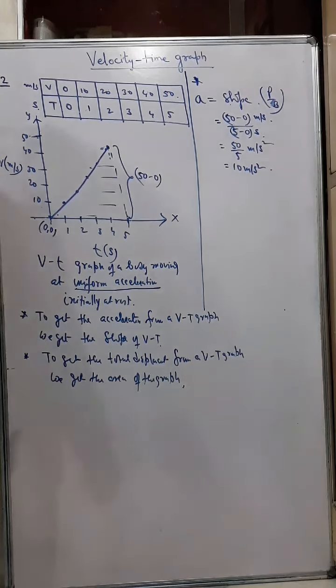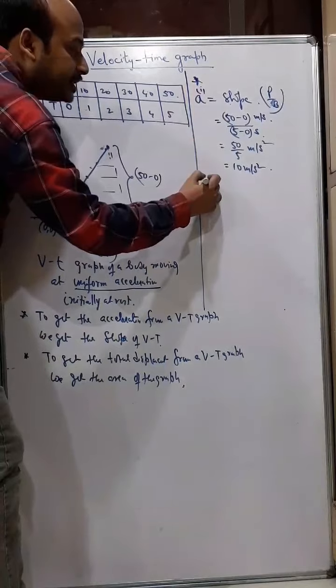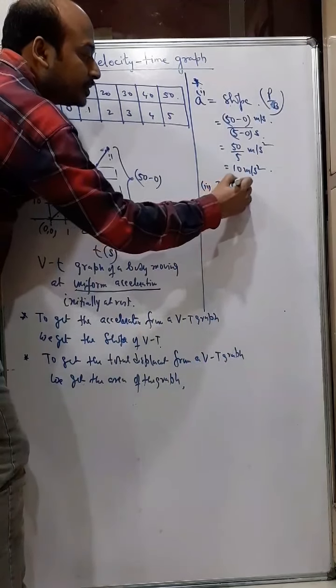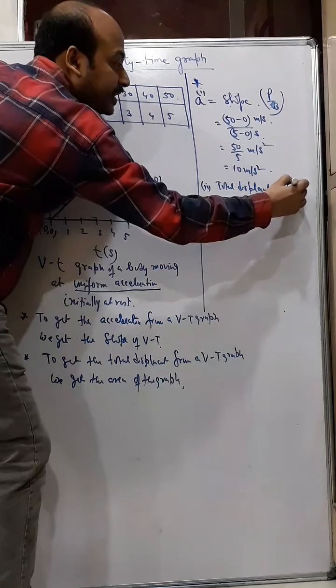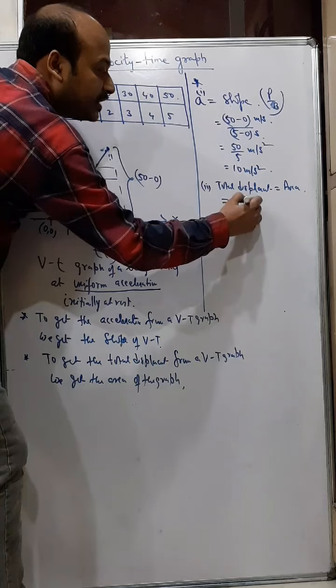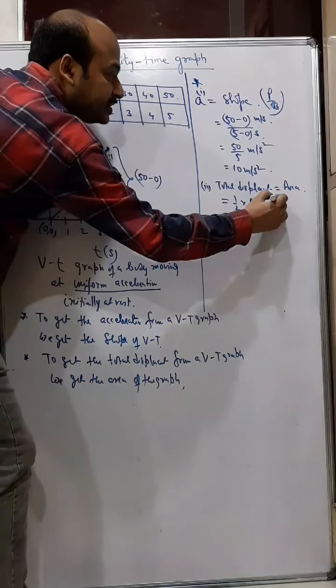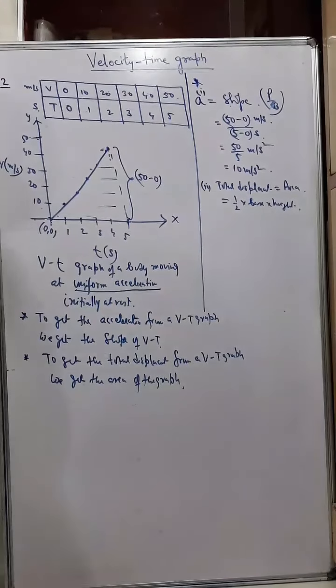Okay. Now similarly, if they tell you the total displacement, the total displacement is equal to the area of the graph. In this case the area of the graph is half into base into height.